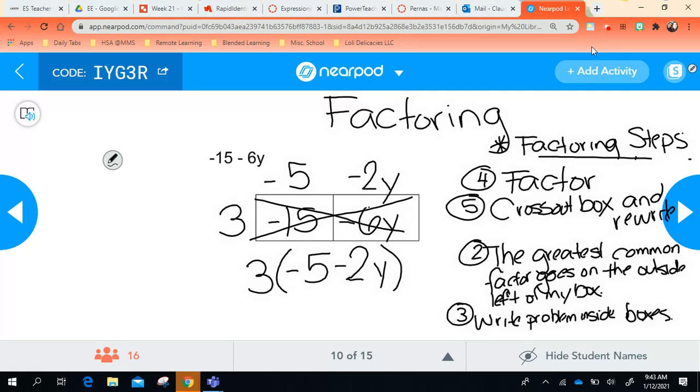Do you notice how that looks like a distribution problem? Yeah. So we really just went backwards. This fifth step is very important, because if you do not cross out that box, the biggest mistake is that people write down what's in that box again on the bottom.